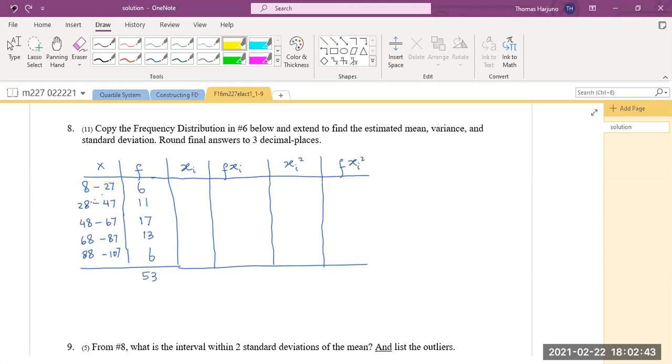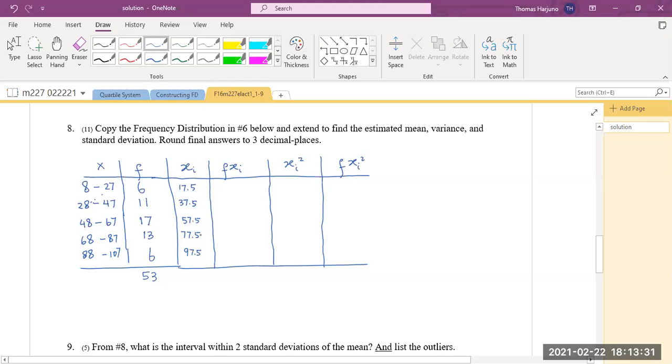Let me give you 10 minutes. So from now, we come back at 6:13. Okay, you do it. So I will get the midpoint for each of these classes. This is 17.5, this is 37.5, 57.5, 77.5, 97.5.